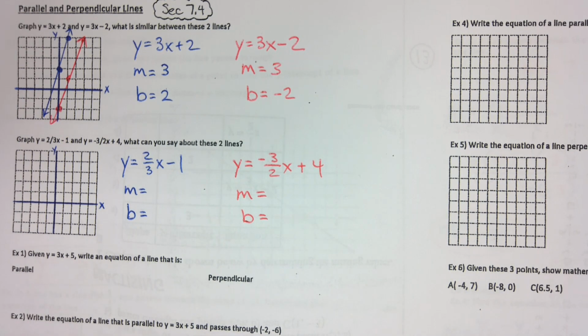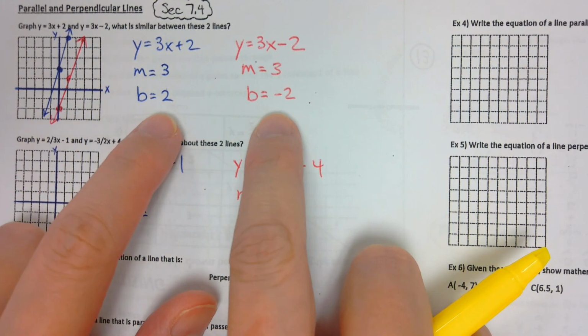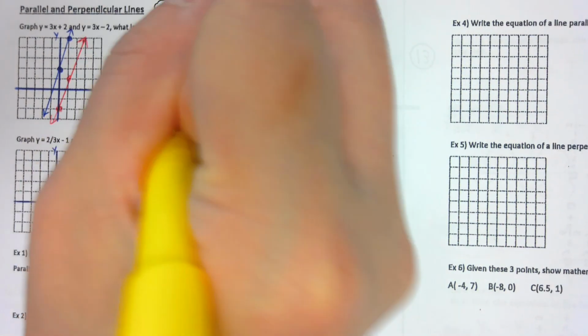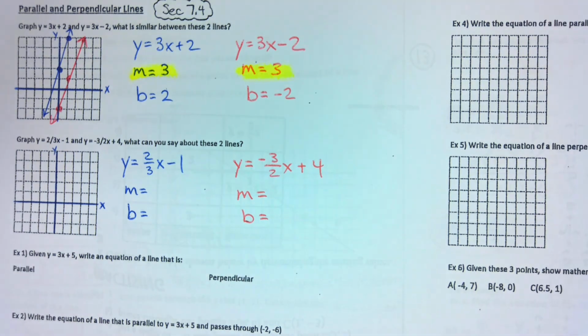That's the slope part. For parallel lines, can I have the same y-intercept? Can I have two lines that have the same y-intercept? No, because then it will be just the same line. So the key, as Sam said, is that the slope is the same.